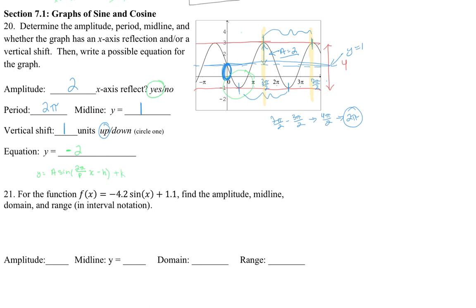So we know our amplitude is 2, and there is a reflection across the x-axis, so it would be negative 2. Sine of, we said our period was 2 pi, so that just goes to x, and there is no horizontal shift, and we do know there's a vertical shift of 1.